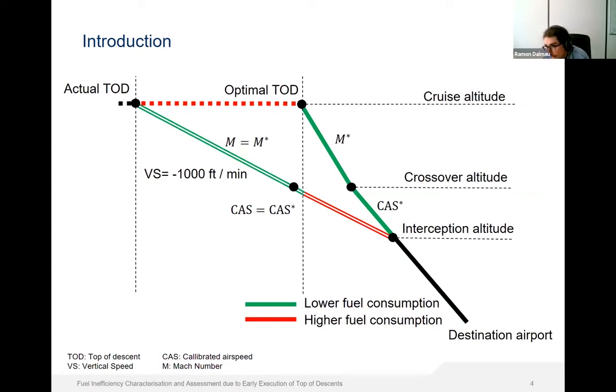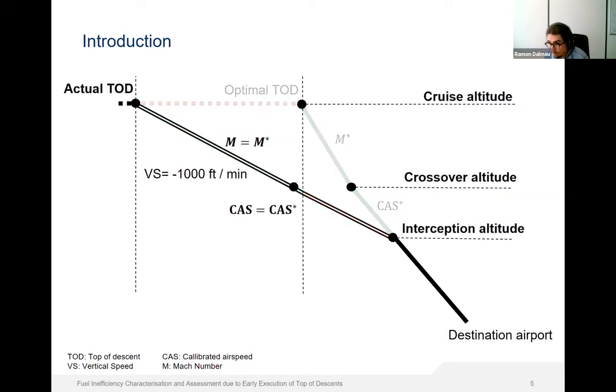Let's call this parameter, the difference between the optimal top of descent and the actual top of descent, the early top of descent distance. We could compute the difference in fuel consumption by comparing these two trajectories, right?